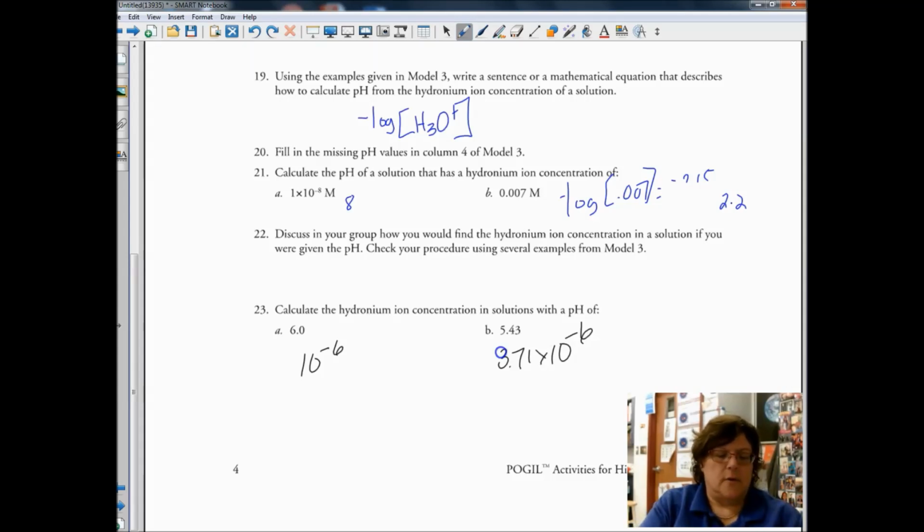Okay, if I do it on my calculator, negative 5.43, 3.715 times 10 to the negative 6. So, same thing. All right, very good. Thank you very much.